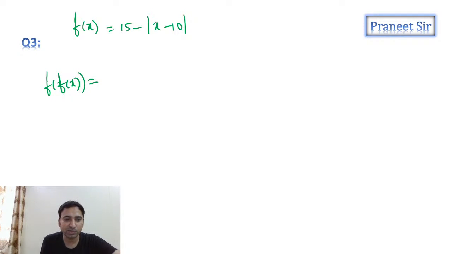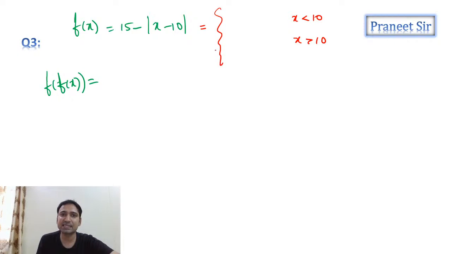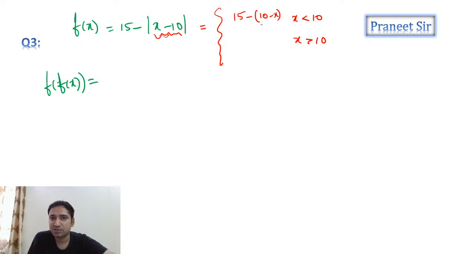For that, first we'll analyze f of x between the limits x less than 10 and x greater than 10. These two cases we'll check. When x is less than 10, x minus 10 is negative. Whenever it is negative, we replace |x minus 10| with 10 minus x. So in that case, we are getting 5 plus x.